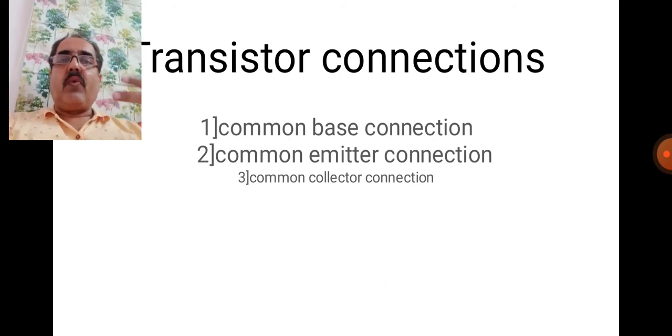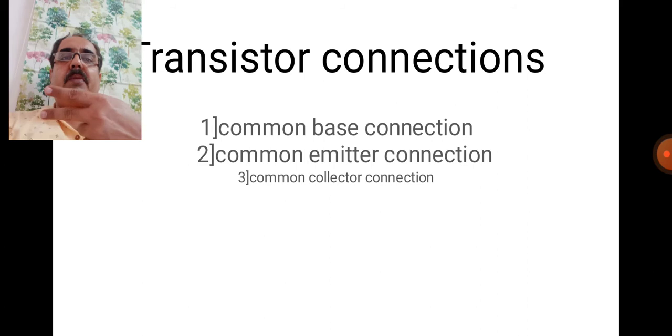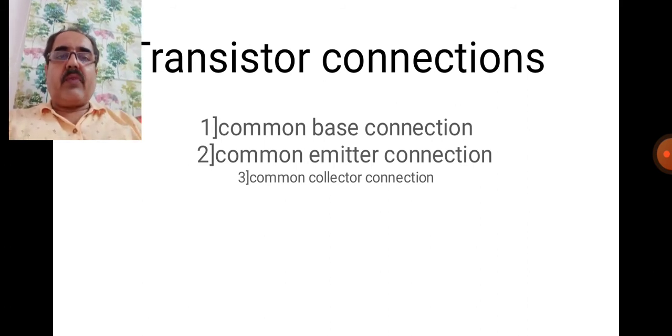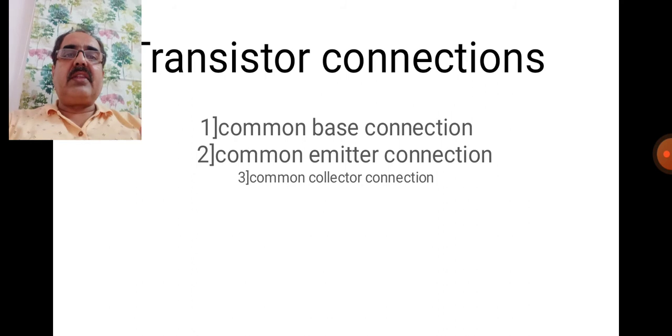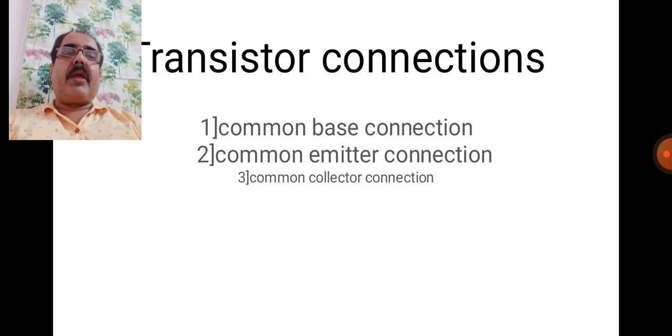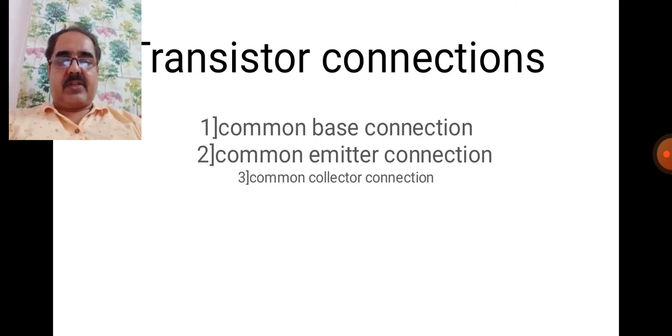Then we can attach two terminals for input and two for output. So let us consider the three connections. First is common base connection, second is common emitter connection, and third is common collector connection.